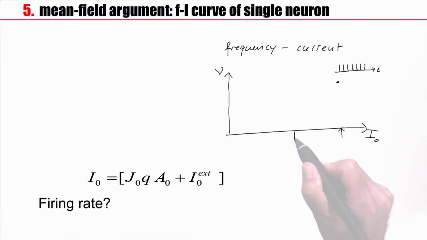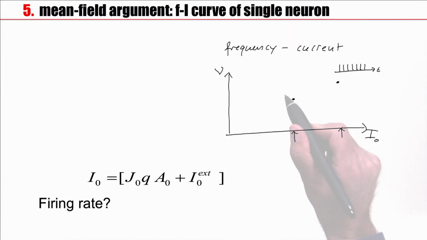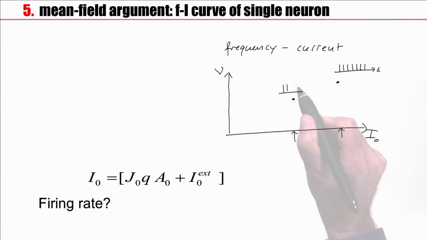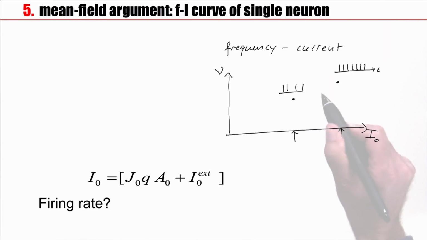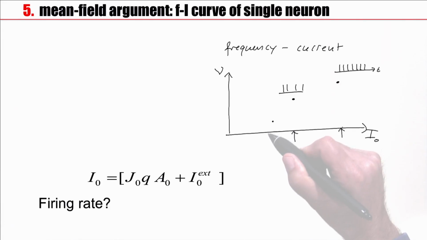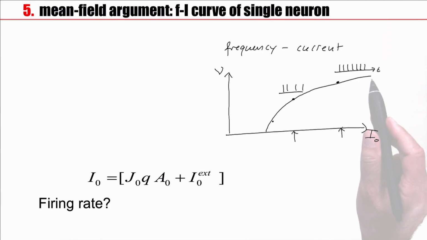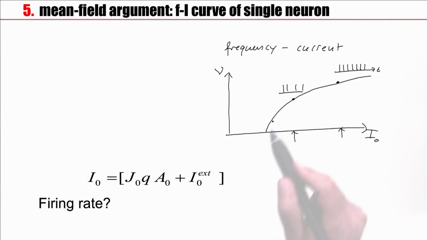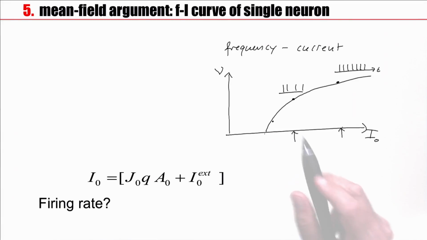If I give a small input current, the neuron will emit spikes at a somewhat reduced rate. And if I give an even smaller current, the spikes are even more spaced. So the frequency will look something like this. The frequency is high for high input, it's low for low input. And this is my function frequency as a function of input.